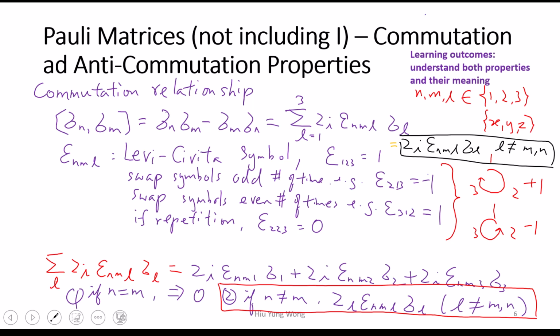Any questions? Yeah. Physical consequence of this commutation relation: if two of the matrices commute, they have the same eigenstate. They can be diagonalized at the same time. If they don't commute, they cannot. Then it means that you cannot measure them accurately at the same time, and that's the result of the Heisenberg uncertainty principle.